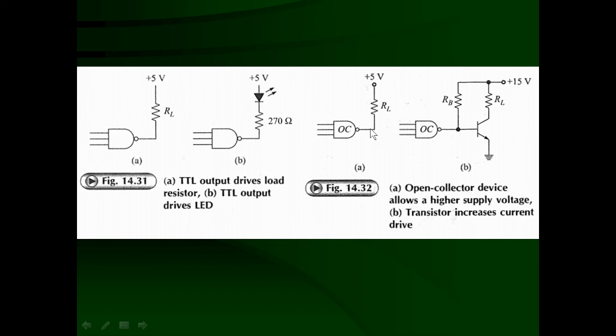And when the output is going to be low, this transistor can sink a maximum of 16 milliampere current. So you can say that 15 divided by this RL is equal to the maximum current which can pass through the open collector transistor, 16 milliampere, and hence the minimum value of the resistance will be nearly 1 kilo ohm, or slightly less than 1 kilo ohm.